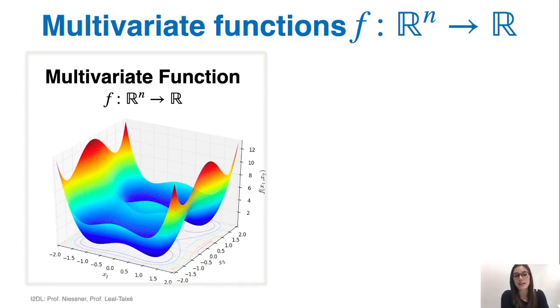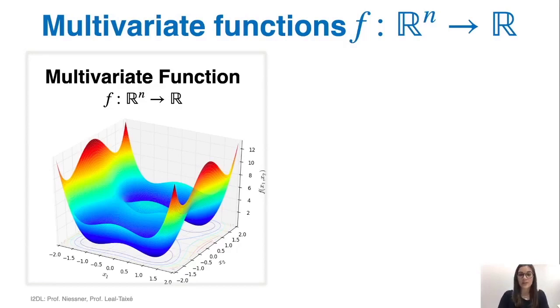In this case, we start from the space R^2, and for each position in R^2, we assign with our multivariate function f a function value, which is a real value. The graph that you can see here is one example of a graph for such a multivariate function. So you see that the setting is much more complicated than in the real-valued world of functions.